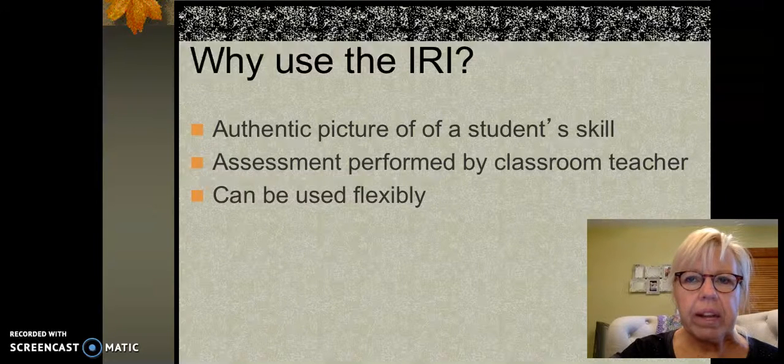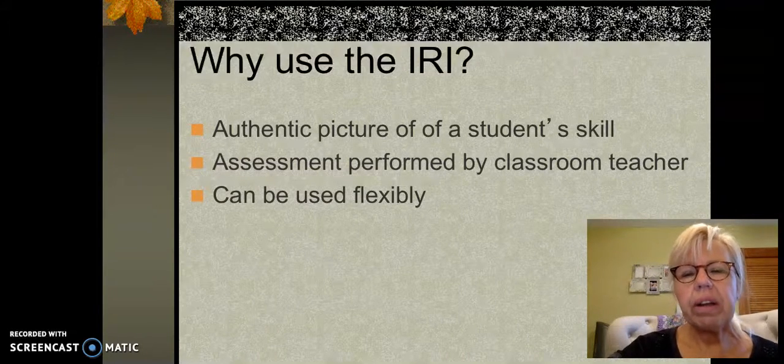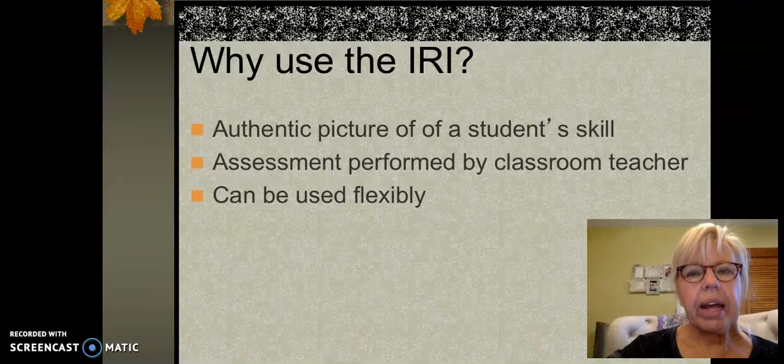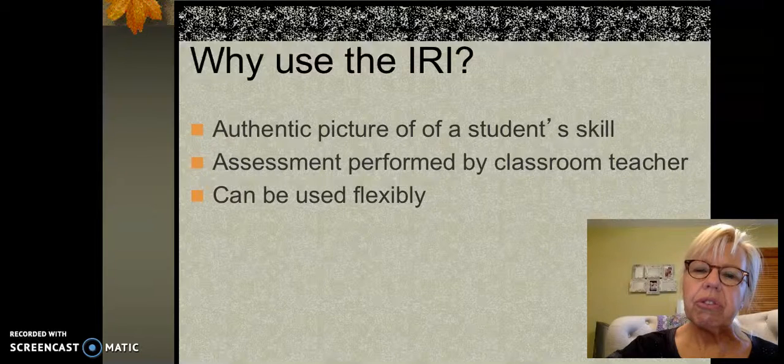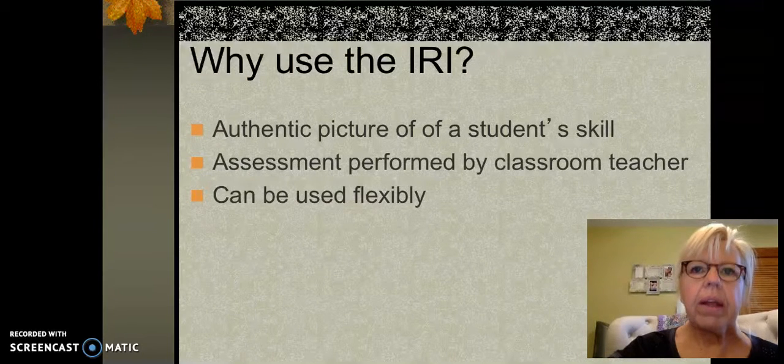So if the highest grade level that they received 100% on was second grade, and your student is a fourth grader, you definitely want to start them reading at a second grade level.